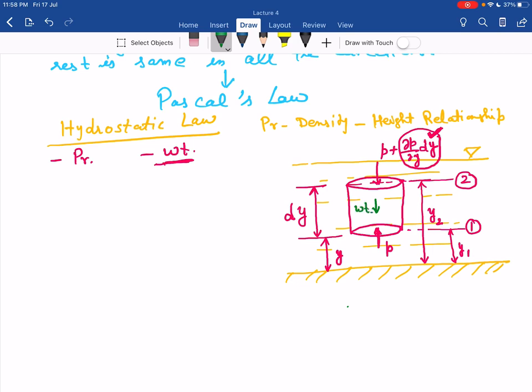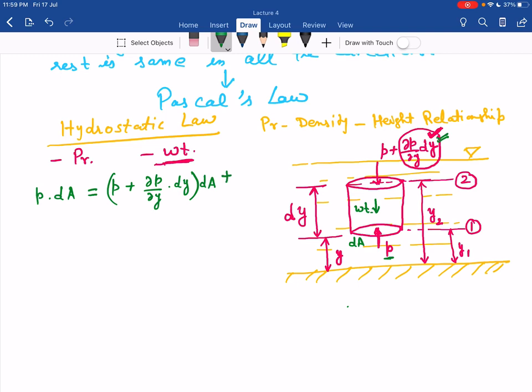Okay. So now we balance the forces. The force acting in the upward direction is P into the area of the base. Now say the area of this cylindrical element is dA. So we can write the upward force as P into dA. This is equal to the downward pressure force, P plus ∂P/∂y into dy, into dA, plus the weight of the element.